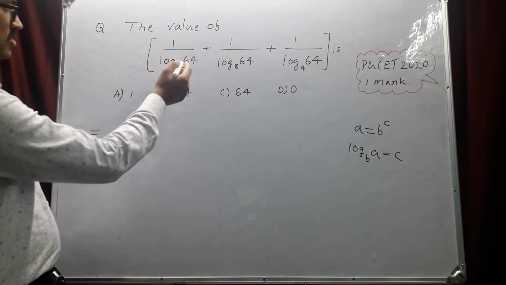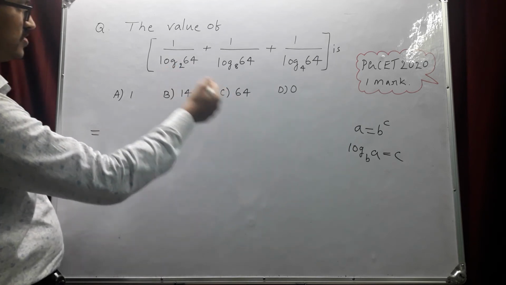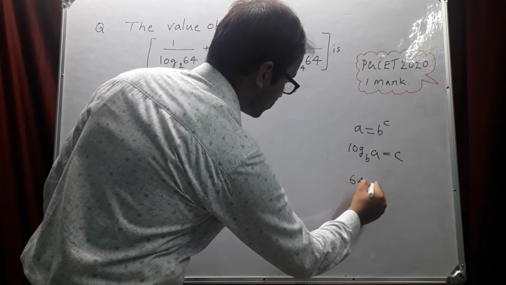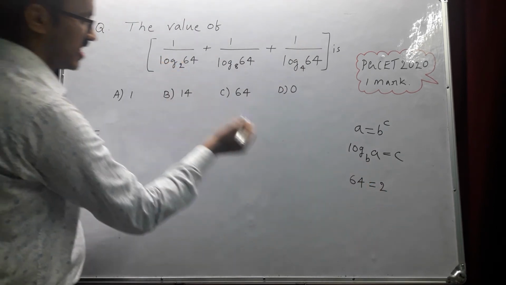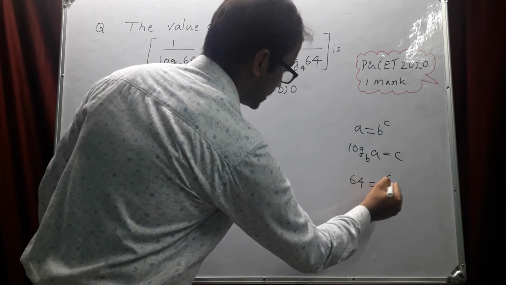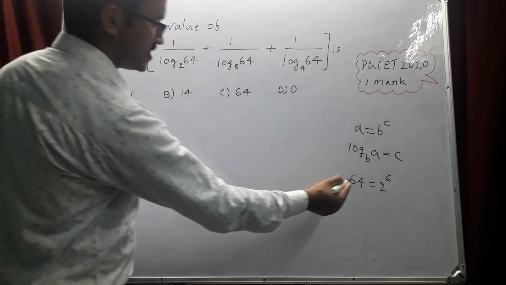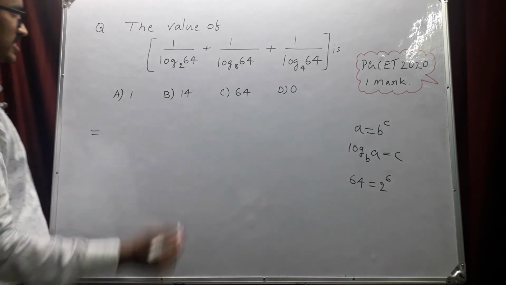See here, log 64 to the base 2 value we have to find out. 64 can be written as powers of 2, base is 2 here, so 2 power 6 is 64. So log 64 to the base 2 becomes 6.